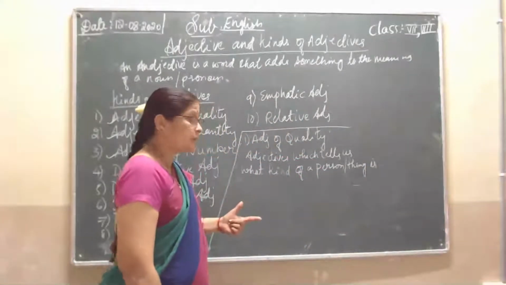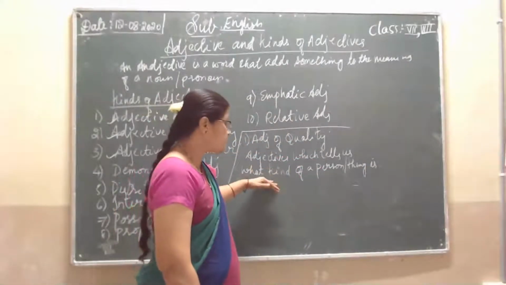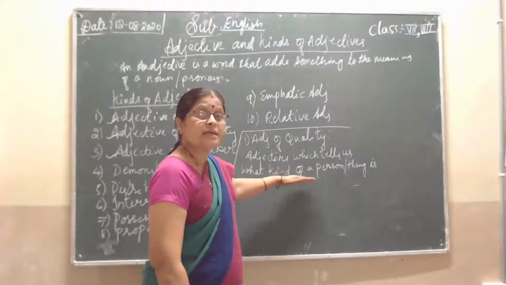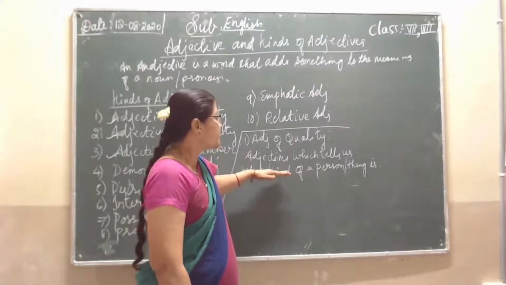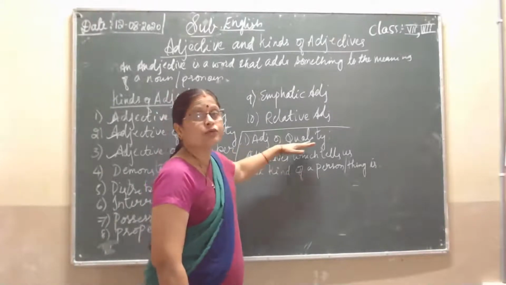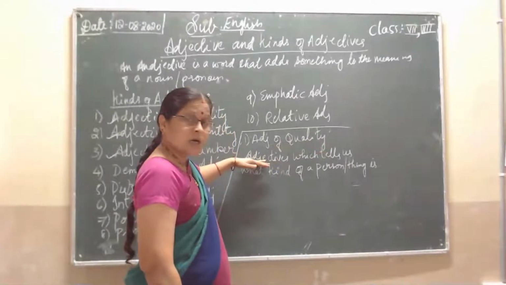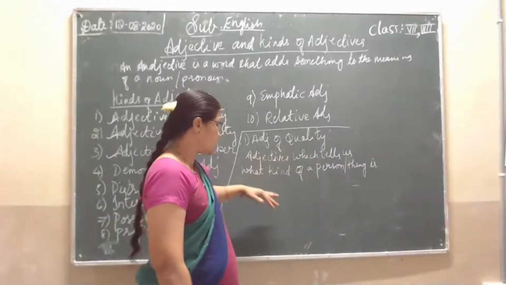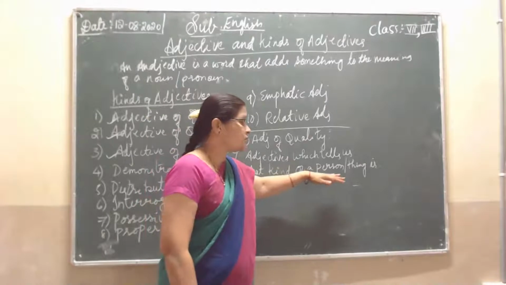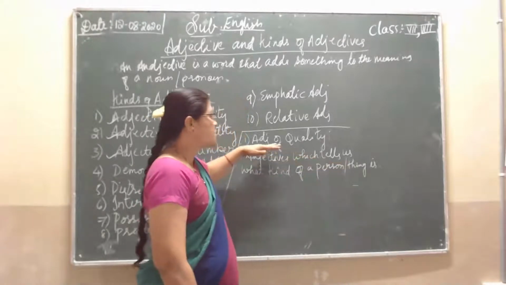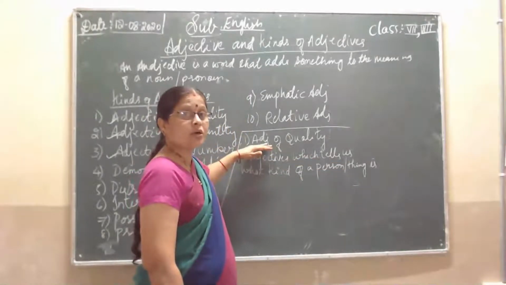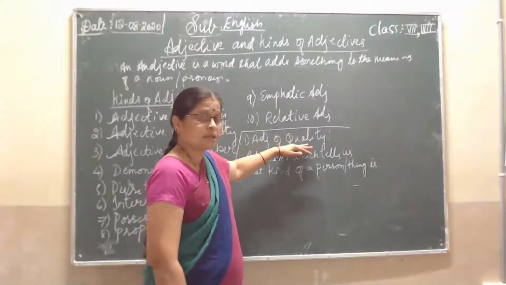We'll be saying what is the quality of that person or the thing. When we describe using that word, then that will become the adjective of the quality. The word which tells us what kind of a person or a thing is, such words are called as an adjective of the quality here.